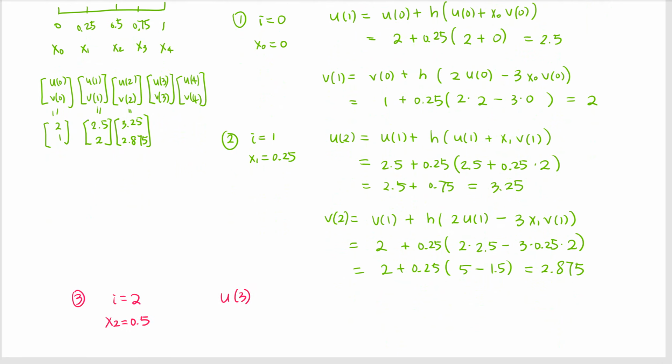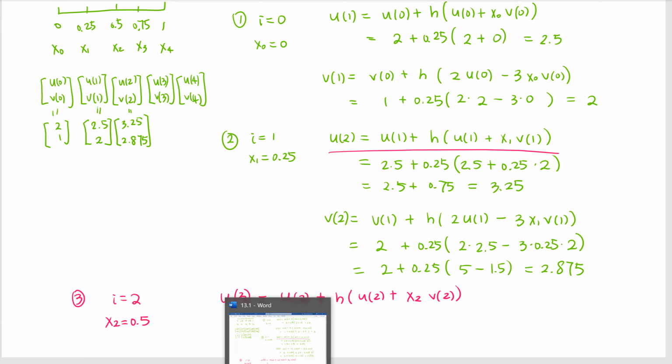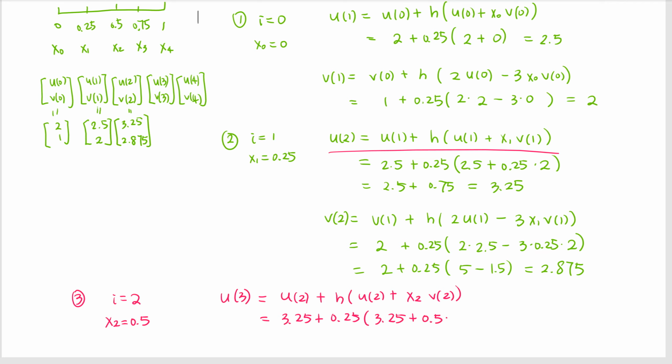Then we have u3. u3 is, see, we increase the index: u2 plus h times (u2 plus x2 v2). u2 is 3.25, h is 0.25, x2 is 0.5, v2 is 2.875. Okay, so let's plug this into our calculator.